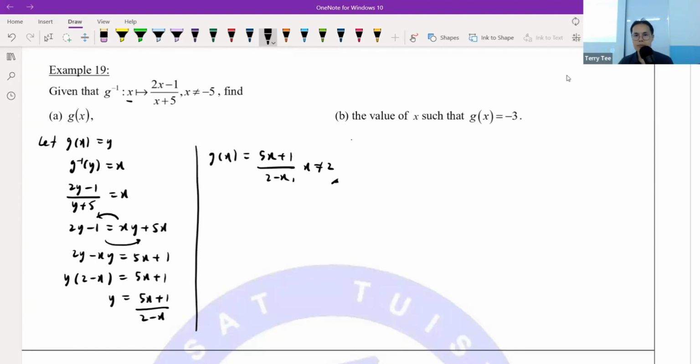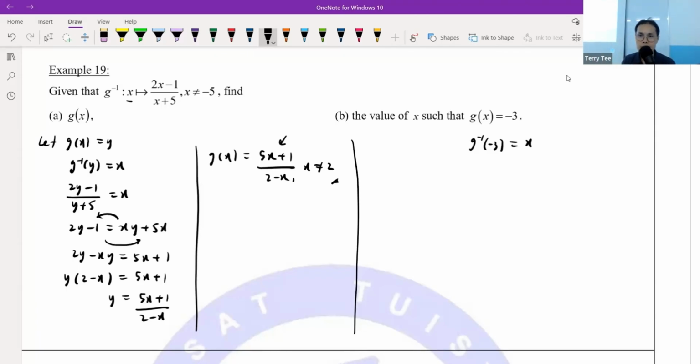Okay, for part B, find the value of x such that g(x) equals negative 3. Now, a lot of people would tend to use this result and let it be negative 3. I don't want to do that because then you have to rearrange to find the x. For me, I would switch the position. You know that you can interchange your object and image, your x and your y.